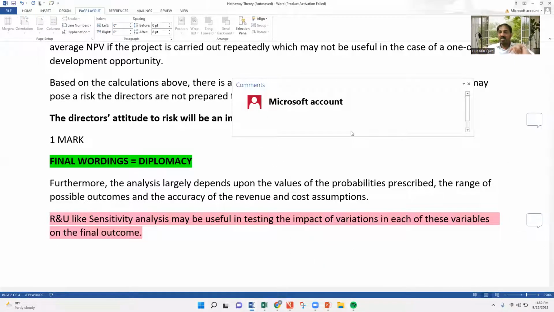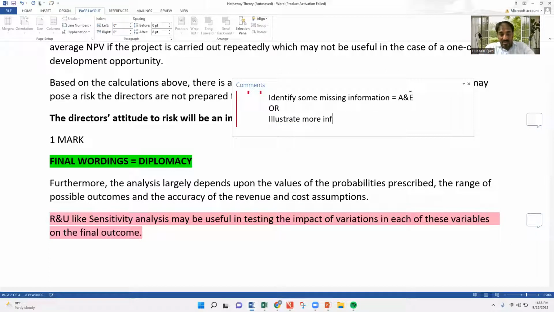But the examiner's wording is not diplomacy. The examiner's wording instead is to identify some missing information, and this is the point of analysis and evaluation, or I can say that you illustrate more information to support your decision making.